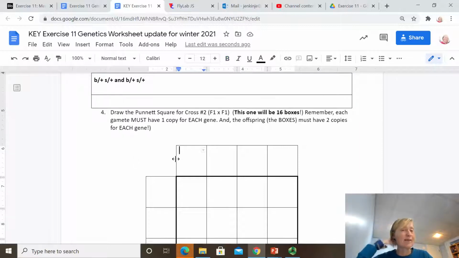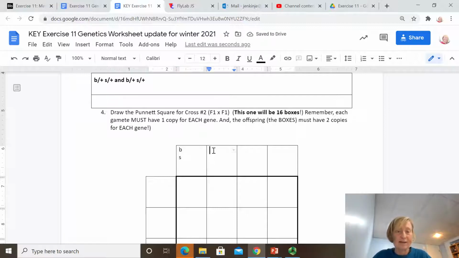So if I'm looking at the first parent, you need to have a copy of the eye color gene and one copy of the bristle gene in each gamete. I'm always going to put the eye color gene first, B, and then the bristle gene.